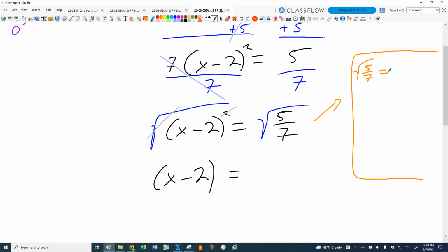So I get square root of top divided by square root of bottom, because I can't reduce 5/7. Good. But there's still something wrong with that. What's wrong with that picture? No root in the basement. I can't have that root in the basement, so what do I have to do? Multiply top and bottom by square root of 7.